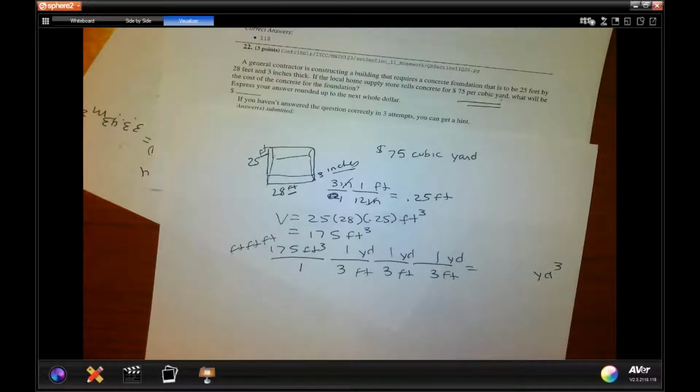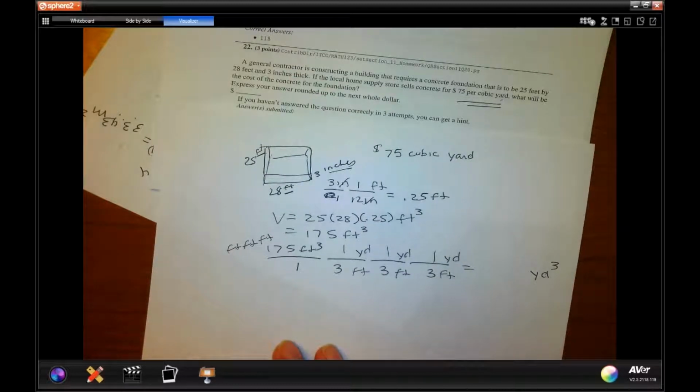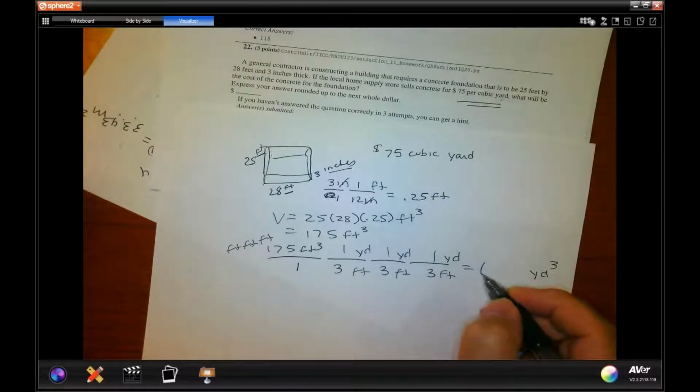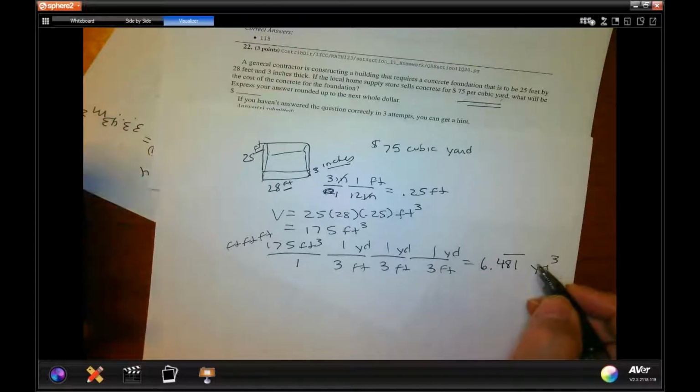And we get a repeating decimal. We're going to get 6.481 repeating.